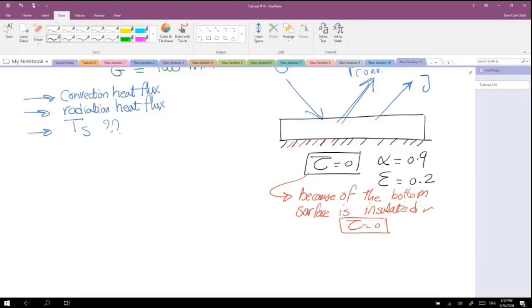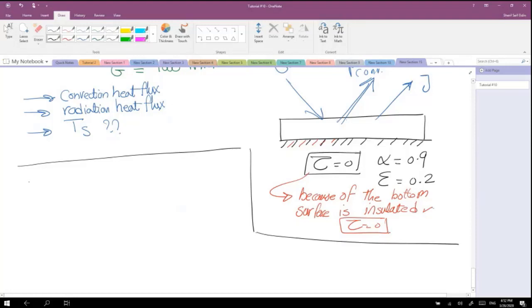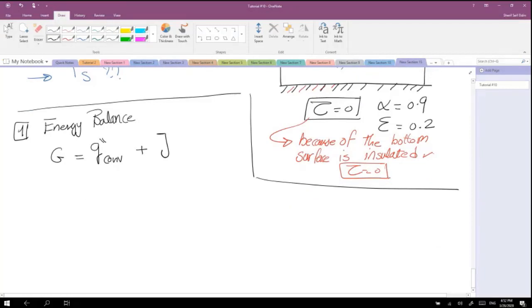Usually when you have a problem like that, you start with the energy balance, which is going to be similar to the previous problem: Q double dash convection plus J. The only thing we have here is G. G is equal to Q double dash convection, which is H multiplied by (T surface minus T infinity).